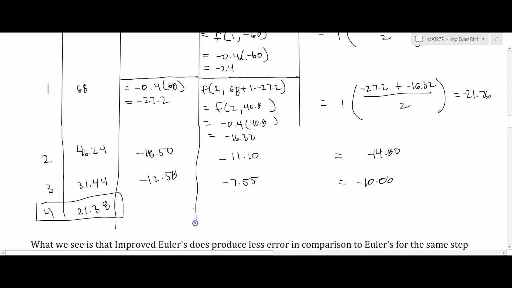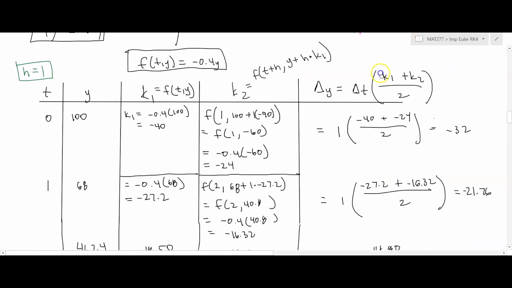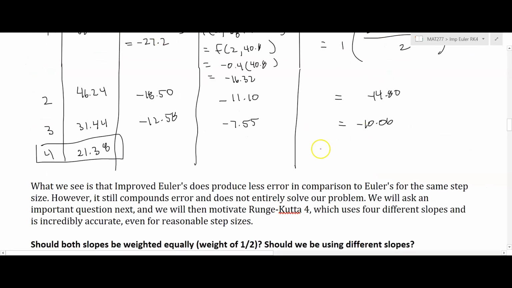Now, one of the things that we're going to notice already is that our exact value was 21.19. So our percent relative error will be the estimated, which is 21.38, minus the exact, which is 21.19, divided by 21.19, and multiplied by 100, of course.